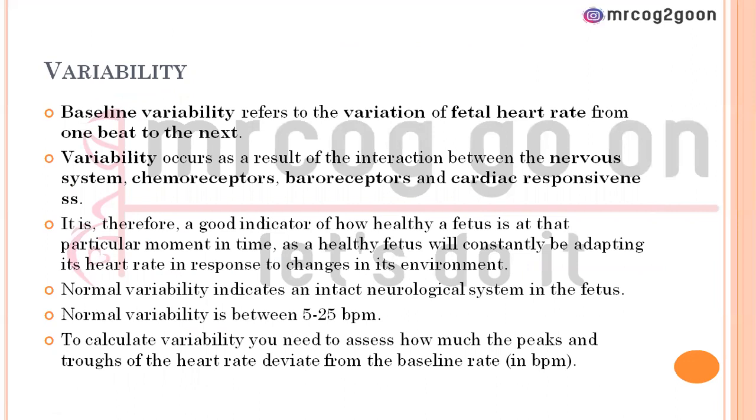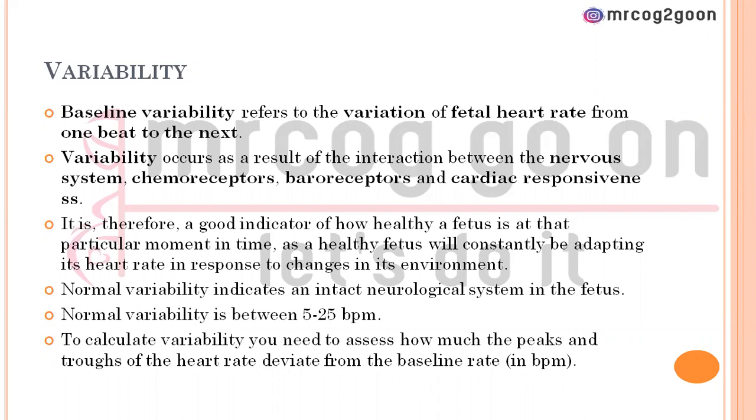Variability. As I'm telling you, you will not find the fetal heart rate as a straight line. No, it will go up and go down, go up and go down. This variability should be from 5 to 25. So the normal variability is from 5 beats per minute to 25 beats per minute.